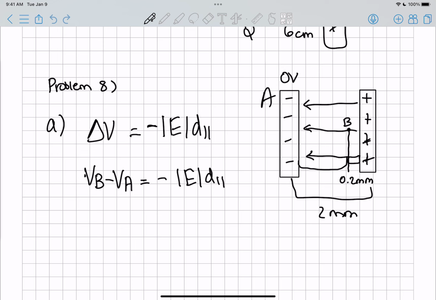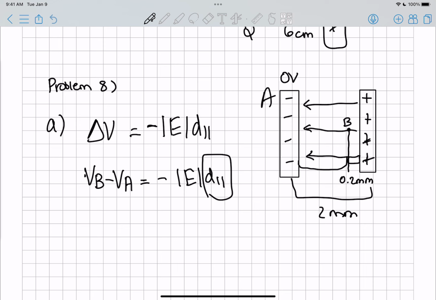Okay, let me amend that statement for a second here. If you are traveling along the same direction as the electric field, then your distance is positive. That's fine. But if you are traveling in a direction opposite to the electric field, then that distance is going to be negative. So that is the issue that we have here.